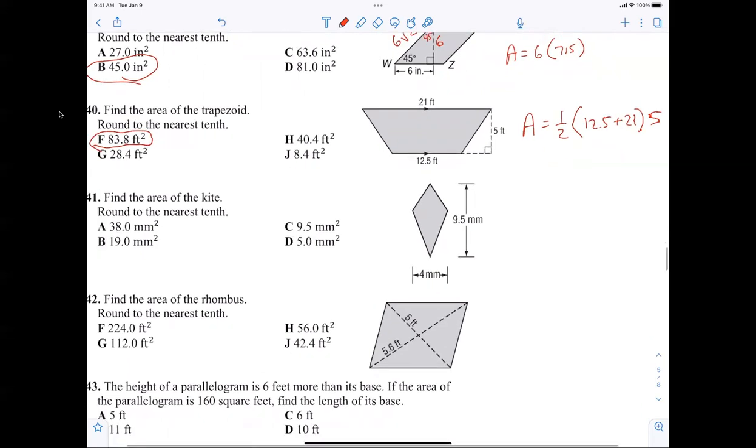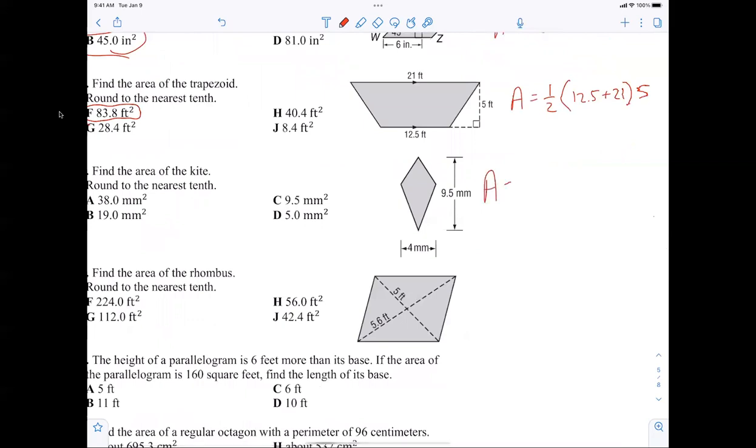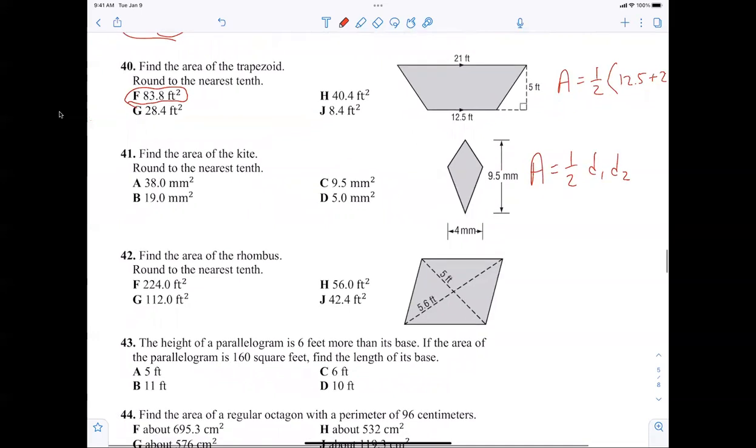Okay, area of a kite is equal to 1/2 diagonal 1 times diagonal 2. So we have just what? Does everybody agree? 19. All right, strictly formula based. Is there any difference in the formula for the rhombus than the kite?